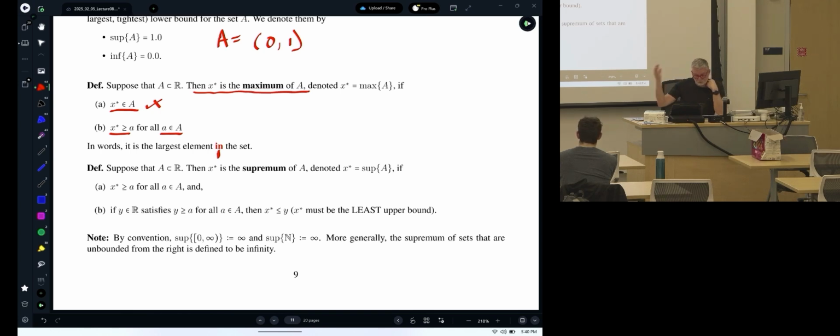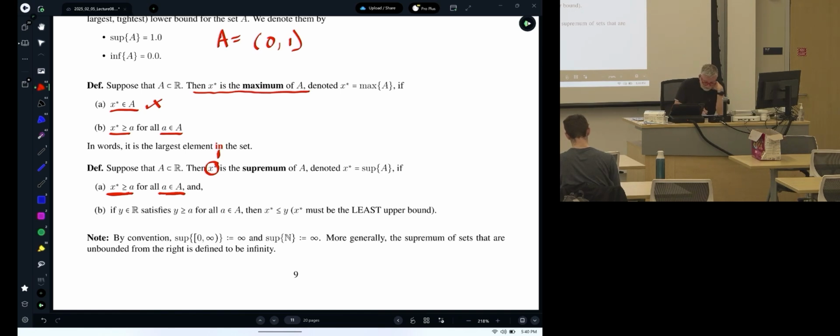For the supremum, the tightest upper bound, we're allowed to take X stars that are in R, but it doesn't have to be in A. So the supremum is an upper bound for every element in the set.